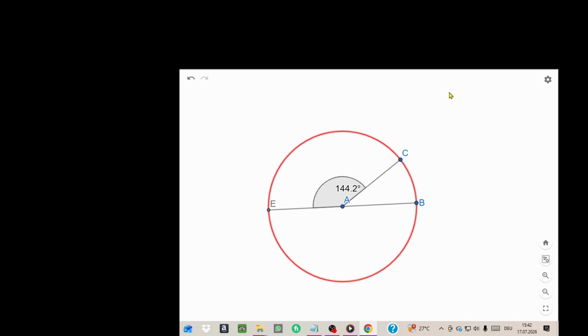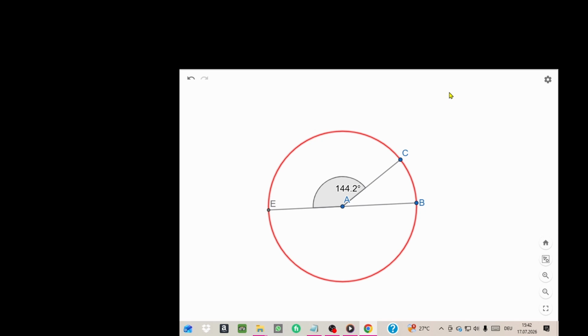Here, you can see a circle. The center of this circle is point A, and AB is the diameter of the circle. The angle CAE in this figure is 144.2 degrees. We know that the diameter of a circle divides the circle into two equal halves.